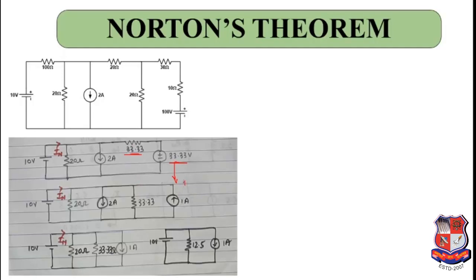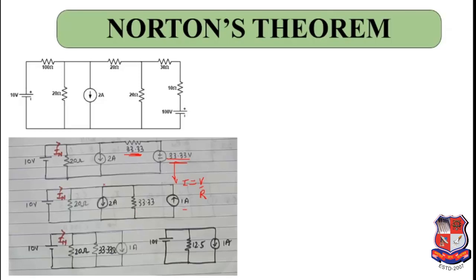The current value I will be V by R. V is this voltage and the resistance is this, so 33.33 divided by 33.33 will give us 1 ampere. So 1 ampere comes in parallel with 33.33.